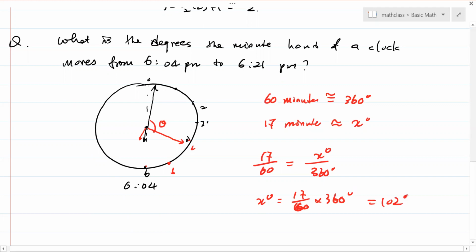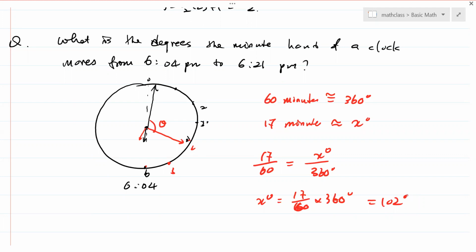Now there will be more complicated problems. Sometimes they ask you what is the angle between the hour hand and the minute hand at 6:21. Now this is very difficult.